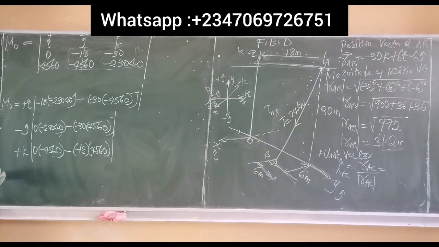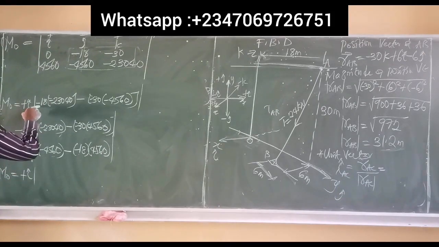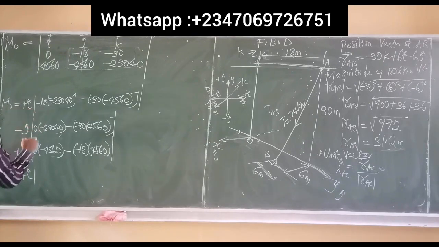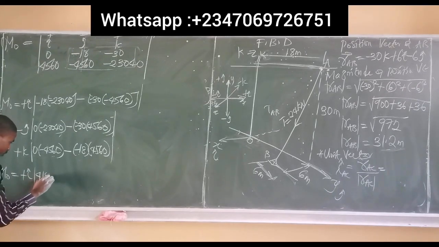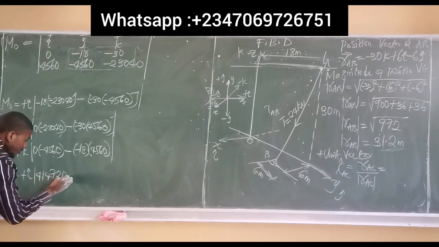All right, so the moment about O is now equal to, let's evaluate now. I have plus I into, so we simply find minus 18 multiplies minus 23040. Minus times minus is plus, so 18 times 23040, that gives us 414720.